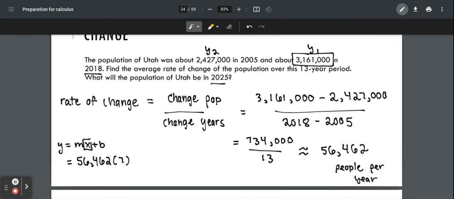That's like your x value. And then add b. So if that was our starting value, that was our 3,161,000. And so if we were to calculate that, we would get that we're at approximately 3,556,234 people.